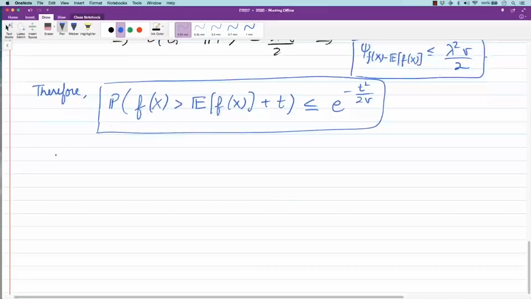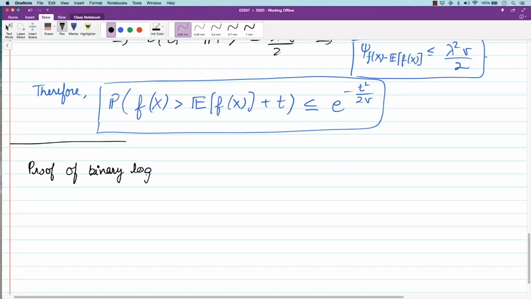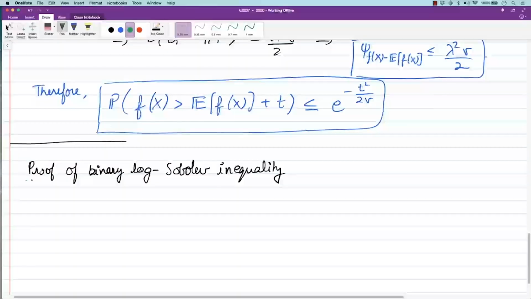Okay, so what remains to be done? We still have to prove, hopefully I convinced you that this is useful, the binary Log-Sobolev inequality is useful, but let's prove it now. Okay, so how do we show this?